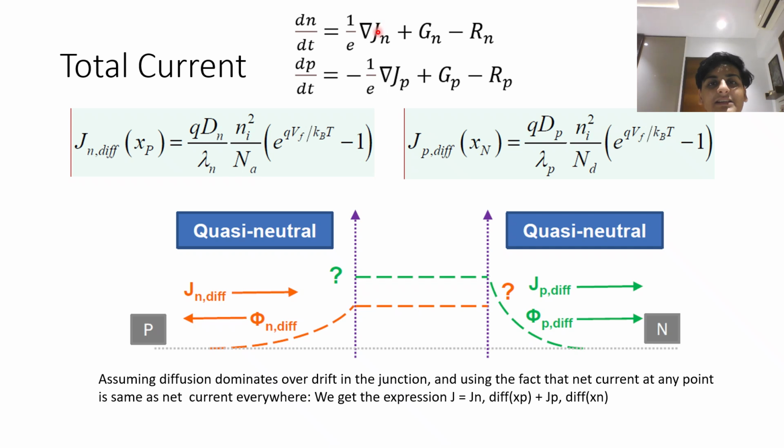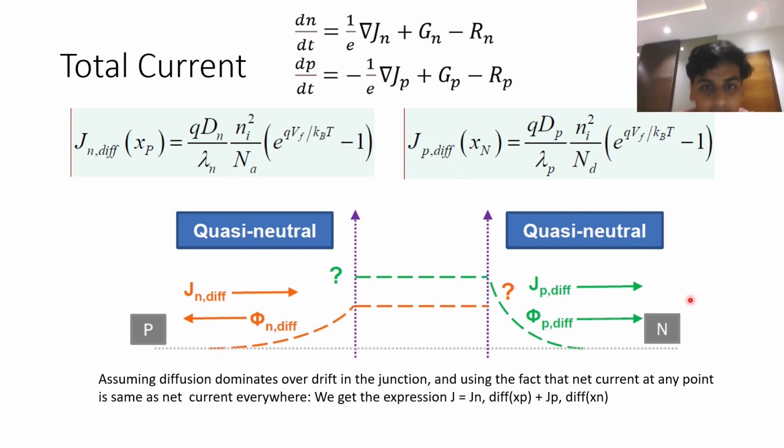So the gradient of J is 0, which means that J is constant throughout the device. So the first part that we justify is that the net current is constant throughout the device. What that means is that if I can write the net current at any one point, that is the same as the net current everywhere else. So that is the first step of progress.